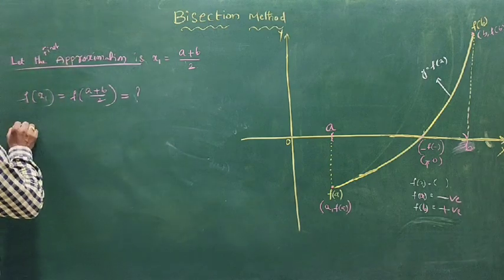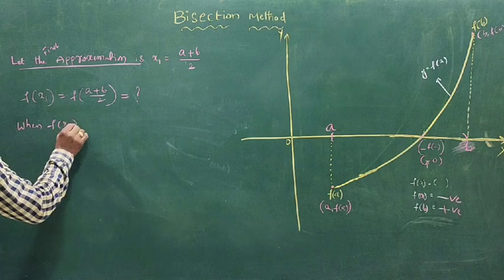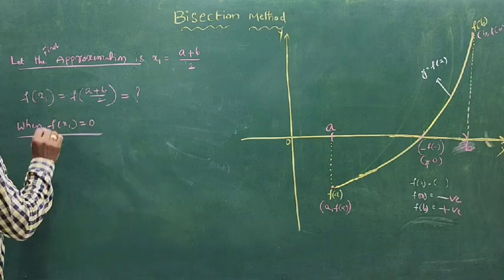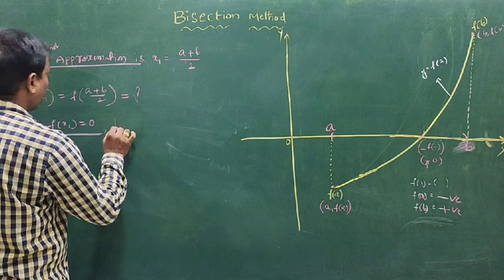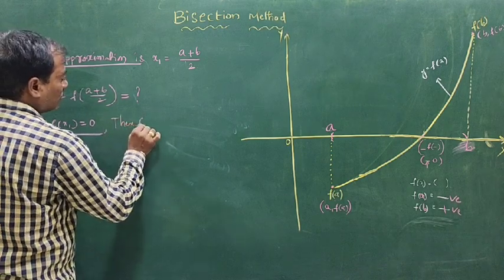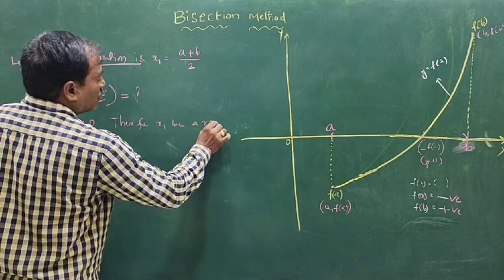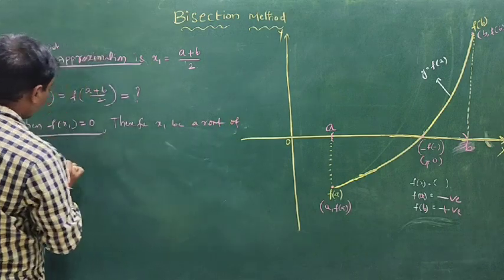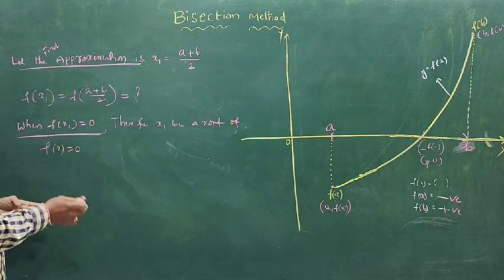When f of x1 equals 0, therefore x1 is a root of f of x equal to 0. So directly we get the root.